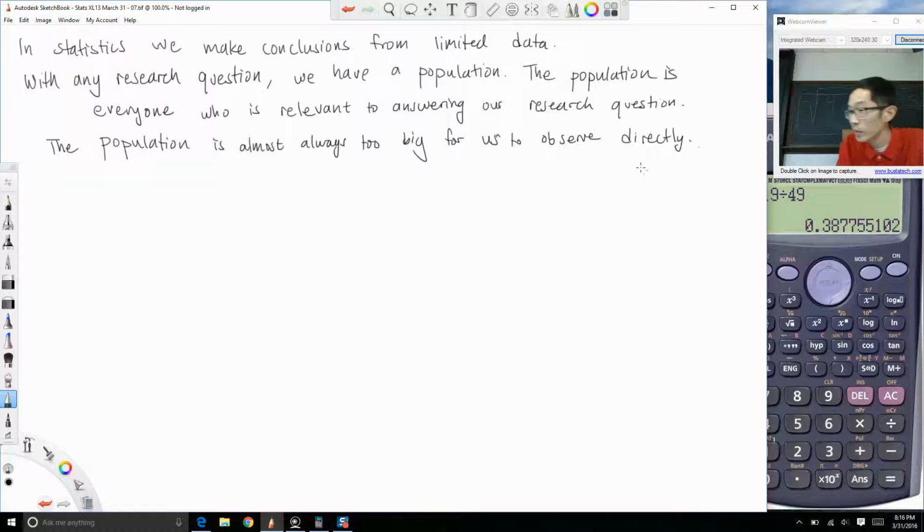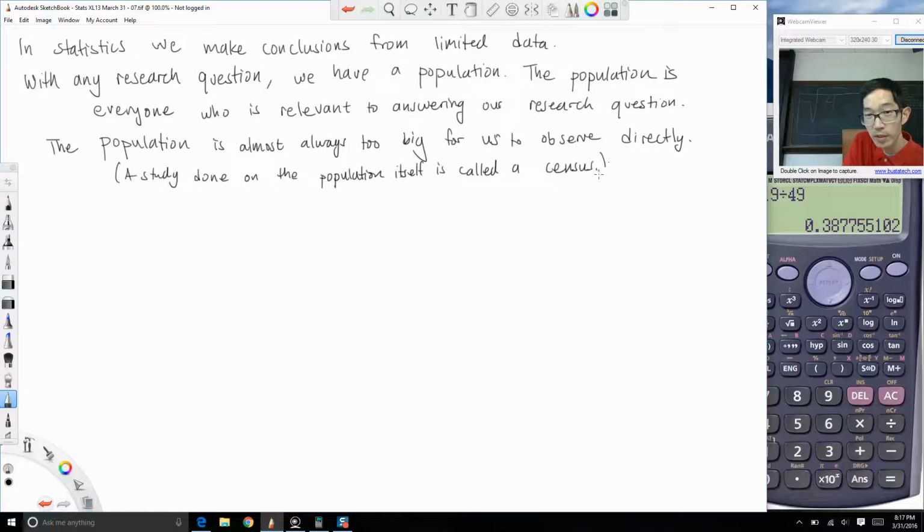Okay. If we do try to observe the population directly, that's called a census, okay? Censuses are very expensive.